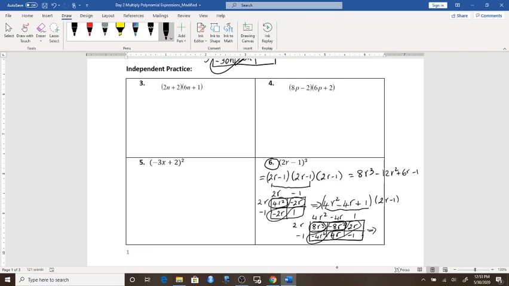So we get a polynomial expression of degree 3, because we're multiplying 3 binomial expressions of degree 1, and since we add the exponents, we get a degree 3 polynomial with a leading coefficient which is equal to 8.